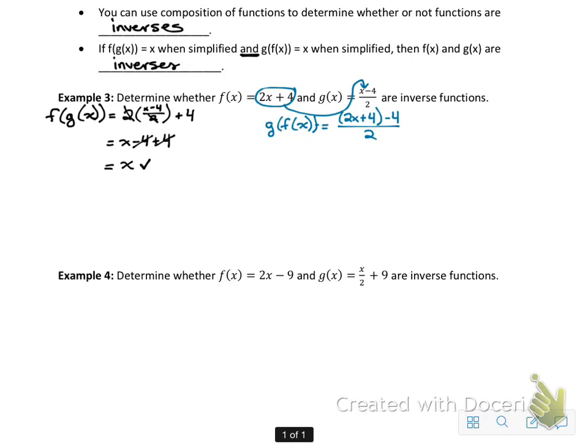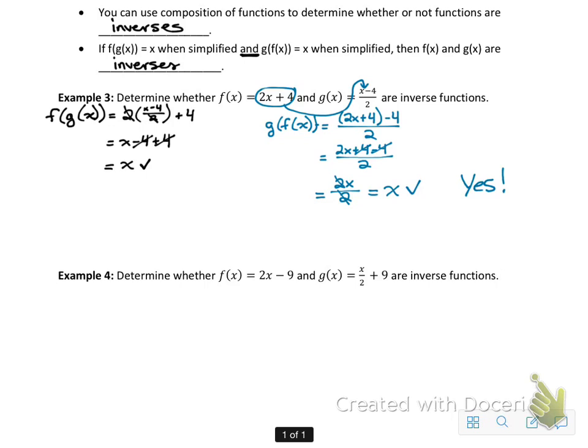So instead of x, we put in the 2x plus 4. Well, 4 and negative 4 cancel, so we end up with just 2x over 2, and 2 over 2 cancel, so we get x. This also simplifies to just x. That means that our answer is yes, they are inverses.